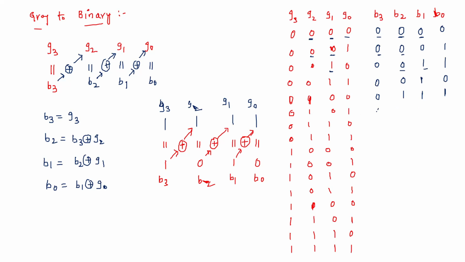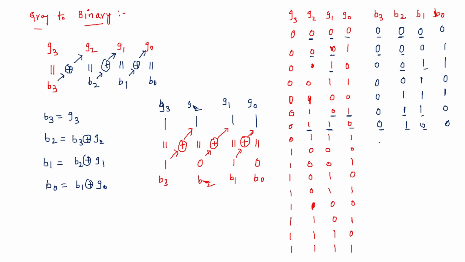Similarly, 0 XOR with 1 is 1, 1 XOR with 0 is 1, and 1 XOR with 1 is 0. So 0 XOR with 1 is 1, and 1 XOR with 1 is 0. In this way, we can write the binary numbers.